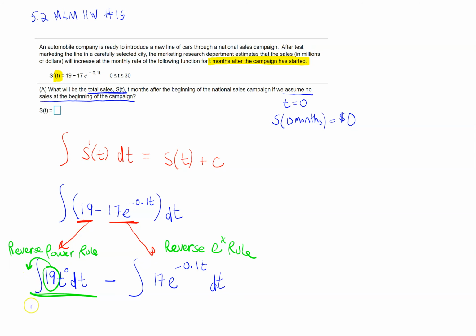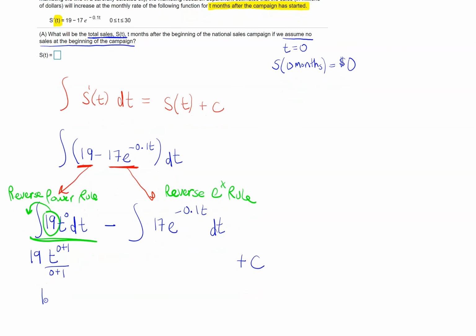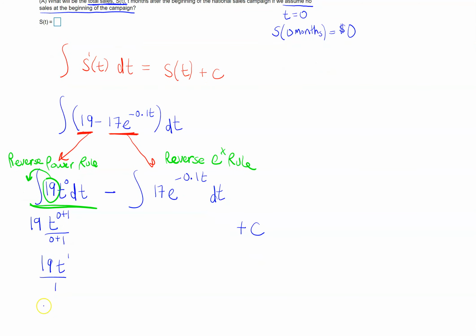Okay, so when you take the integral, you're going to have that 19, and then you'll just increase your 0 exponent by 1 and divide it off. And I'm just going to write that plus C at the end because the constant will just be added to another constant from the next term to create a different constant. Okay, so let's go ahead and finish up this power rule here. Let's clean that up. So that's going to be 19t to the first over 1, which is just 19t.